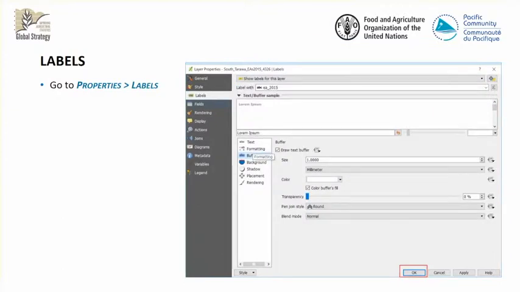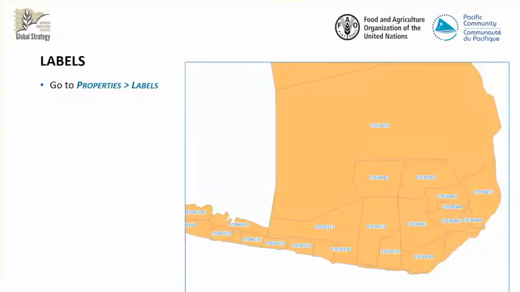And then we have to select which of the attributes, which of the fields in our attribute tables we want to use to generate those labels, okay? So, well, this is a basic, okay? We will go through more complicated stuff, but just to make a first contact with the program.